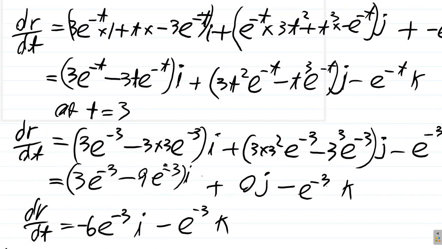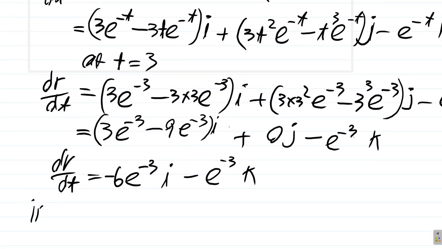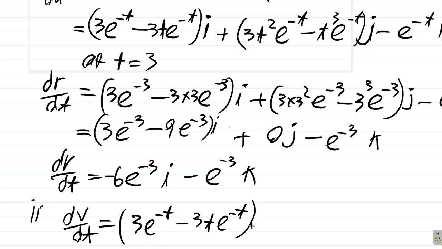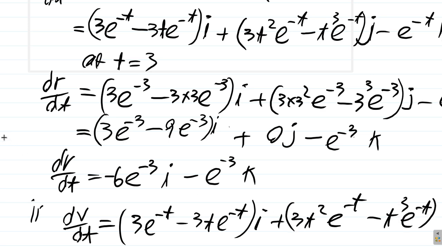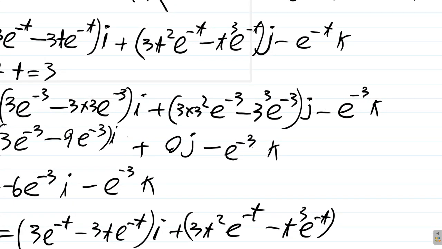Now the velocity was what? dr by dt equals the general equation, not at any specific point now, which is 3e to the negative t minus 3t e to the negative t in the i direction, plus 3t squared e to the negative t minus t cubed e to the negative t in the j direction, minus e to the negative t in the k direction.